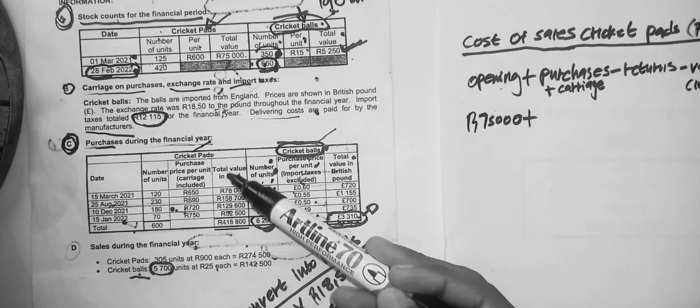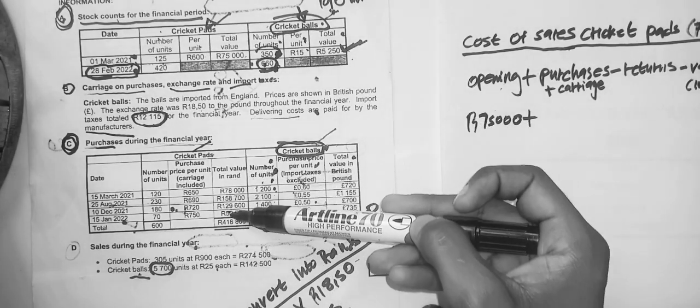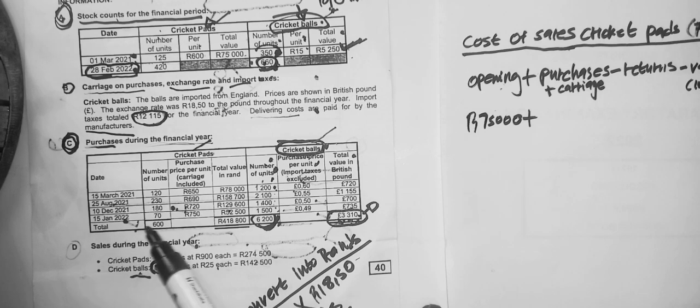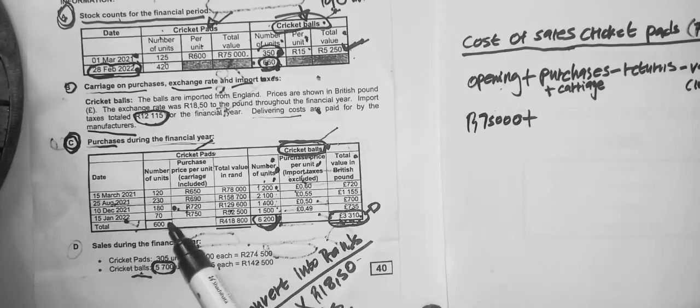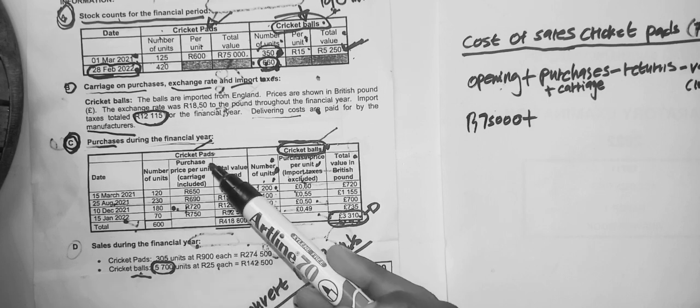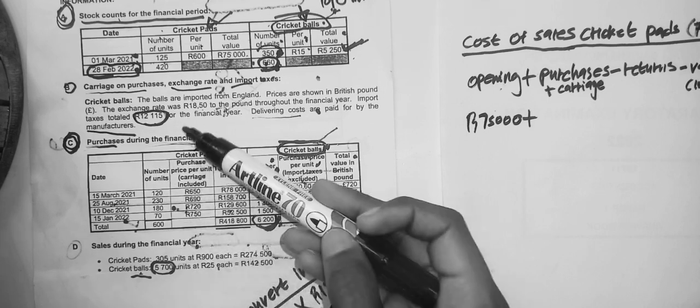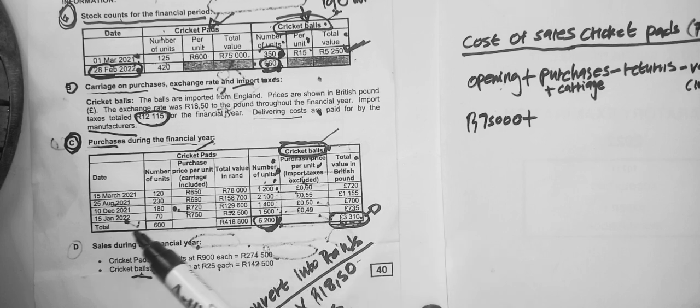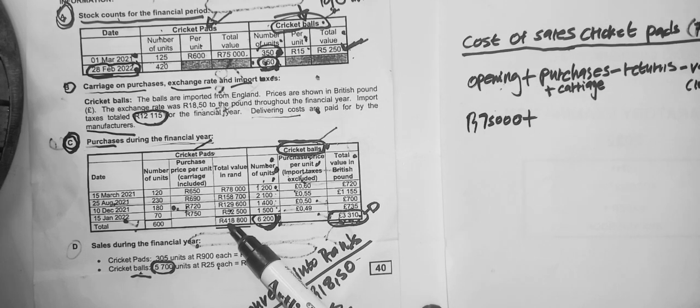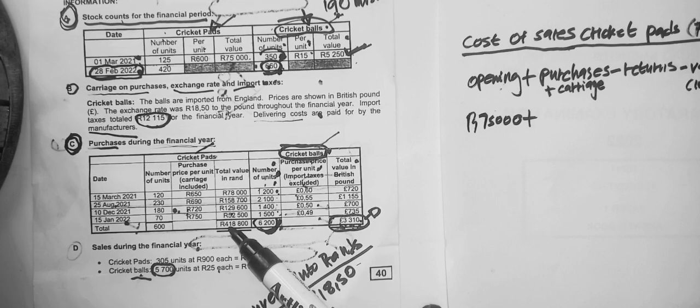We don't want all that. We want to add all these amounts and get the total for our purchases. So they've already added for us. Then the total for purchases, the number of units is 600. The per unit is this one. We don't want it. We want the total value of our purchases. So the total value of our purchases is 418,800.